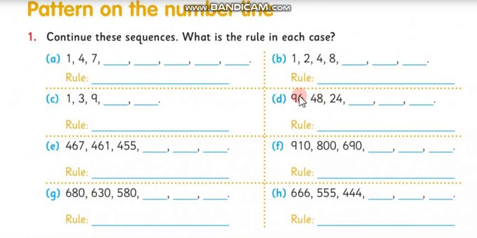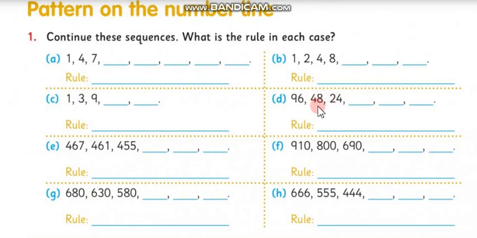There's 48 between the two of them, so 96 minus 48 gives you 48. Now our next number, is it subtract 48? Well, if we took away 48, our next number should be 0, so it's clearly not that. What's the difference between 48 and 24? 48 take away 24 is 24.